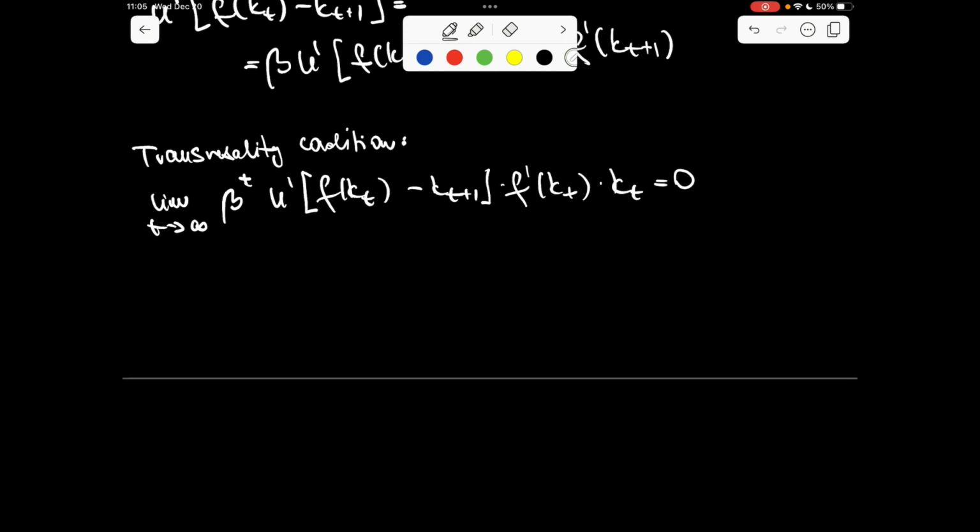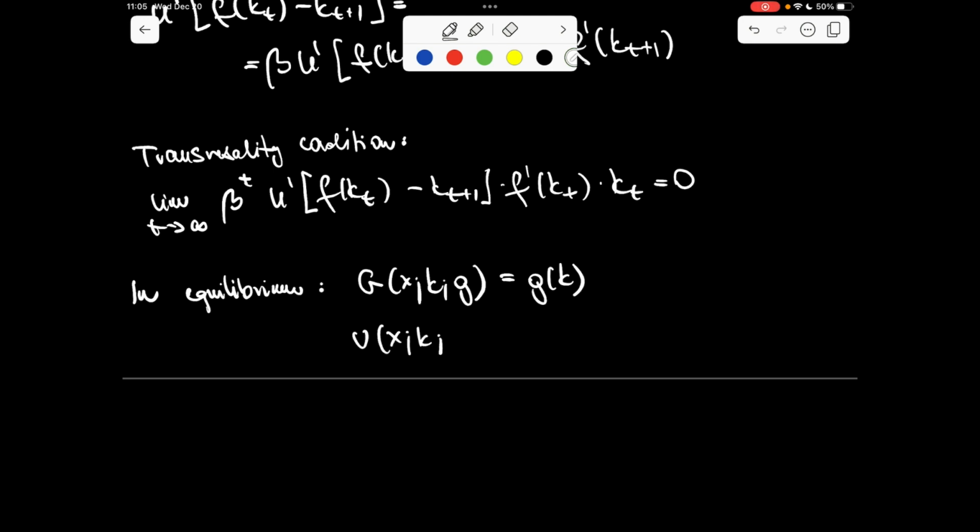So in equilibrium, the two solutions exactly coincide, so the individual's policy function is the policy function of the economy as a whole, and the value function of the individual is the value function of the whole economy.